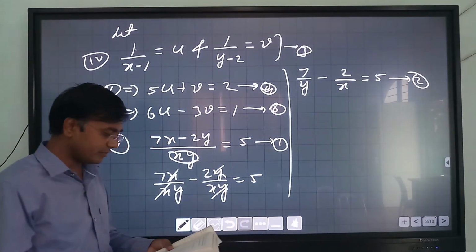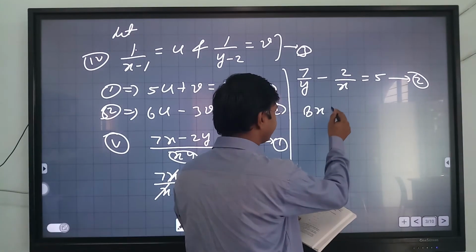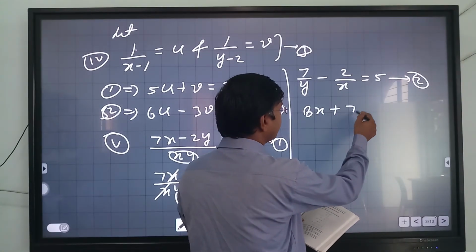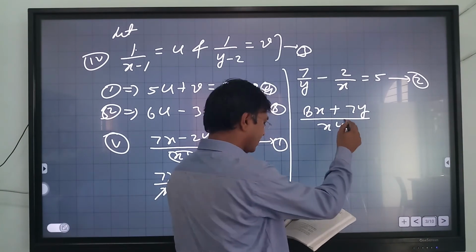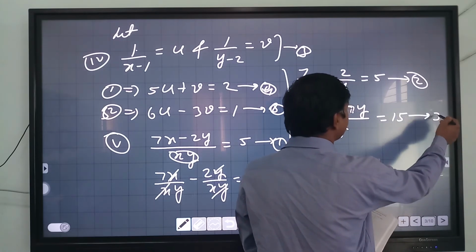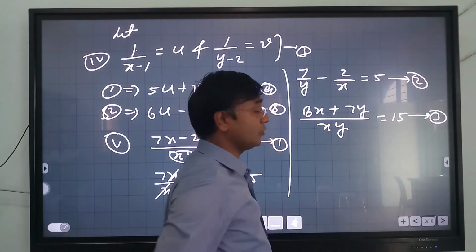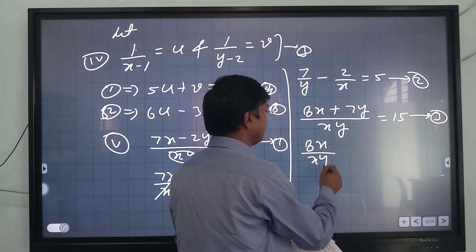Now similarly the second another equation is 8x plus 7y upon xy equals to 15. This is equation third. So we can reduce also as previously, separating the terms.